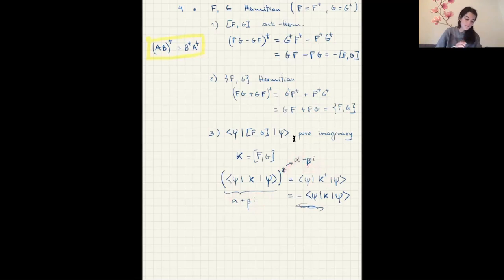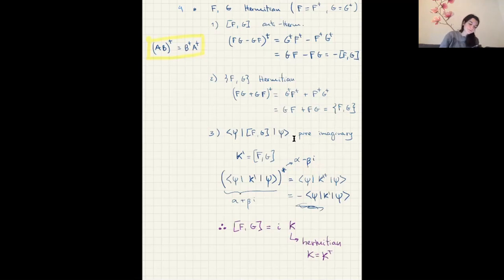Okay, good. So all of these facts together tell us that we can always write fg as the imaginary number times some matrix, where this matrix is Hermitian. So K equals K dagger. Let's call this K bar, so we don't confuse them.